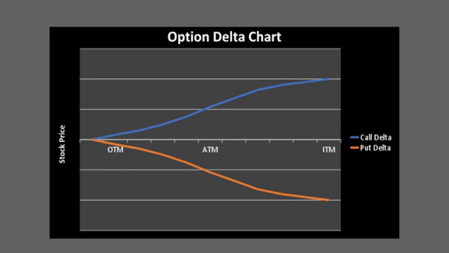When an option is deep in the money, as expiration gets closer, it has a delta close to 100. So it behaves just like the stock itself.